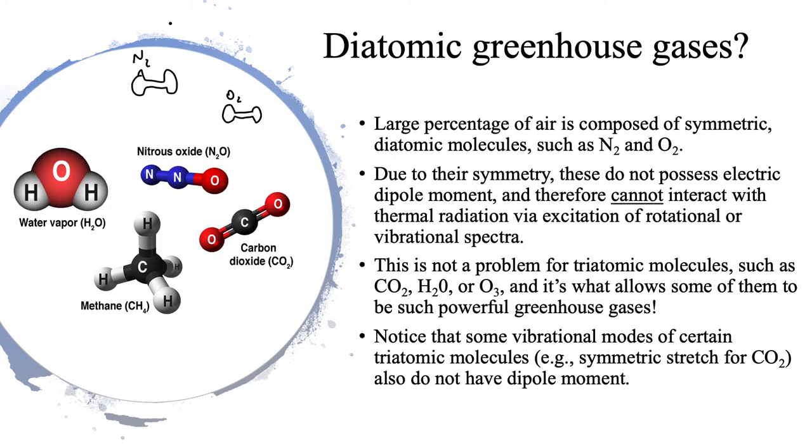Well, that's because they're not. And one of the reasons why they're not is that they are very symmetric. And because of their symmetry, they do not have an electric dipole moment.